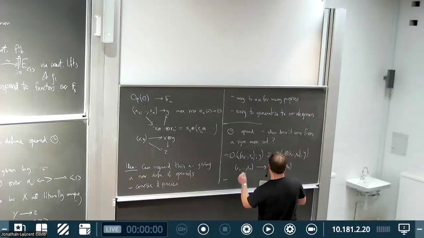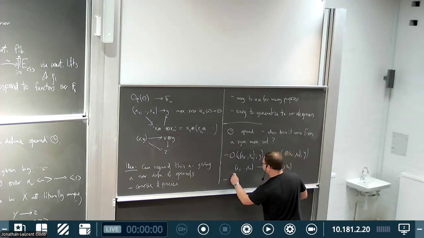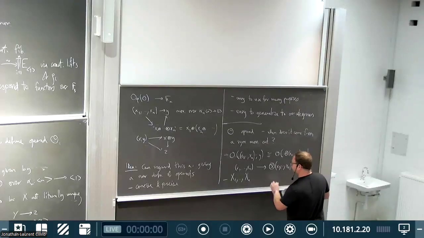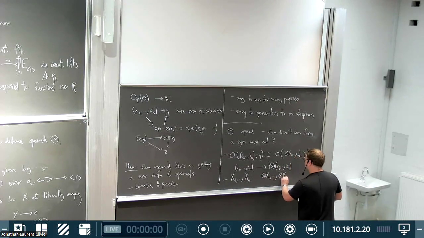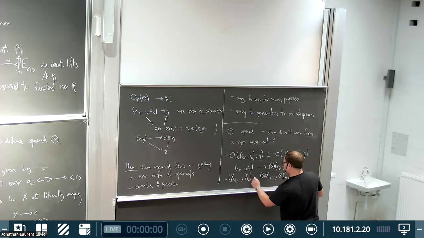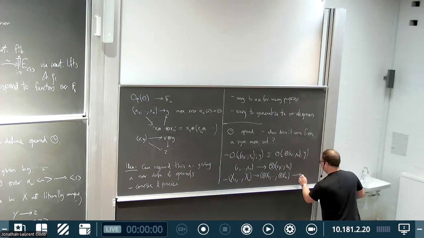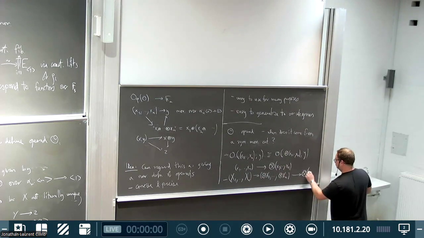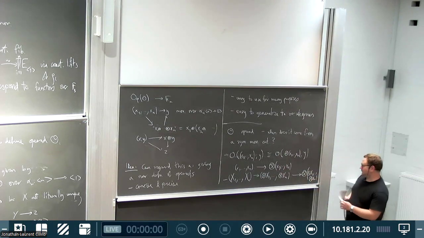One way to say that is: if I have a bunch of lists of objects, then you consider the tensor of each list.